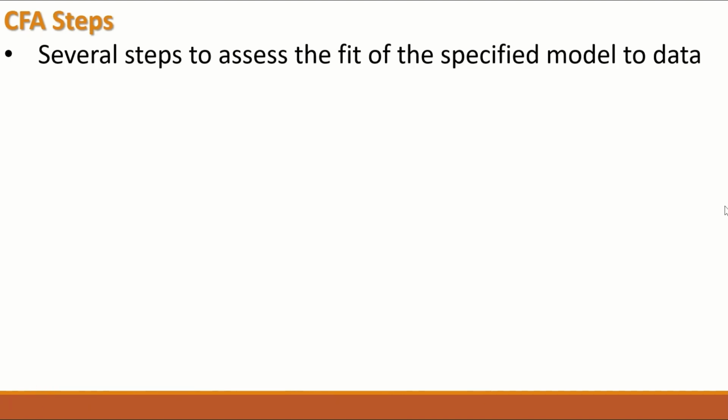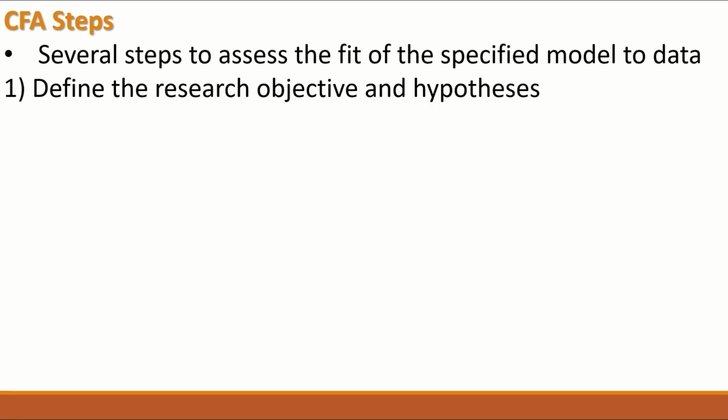So to perform the CFA, several steps have to be followed. These are the steps to assess the fit of the specified model to data. We already have a model which is generated from a previous analysis. Then we assess whether the data fit that specified model. The first step is to define the research objective and hypothesis.